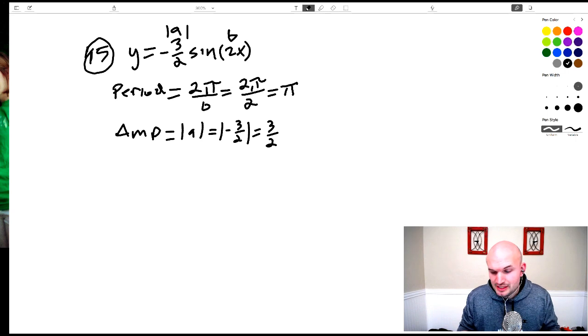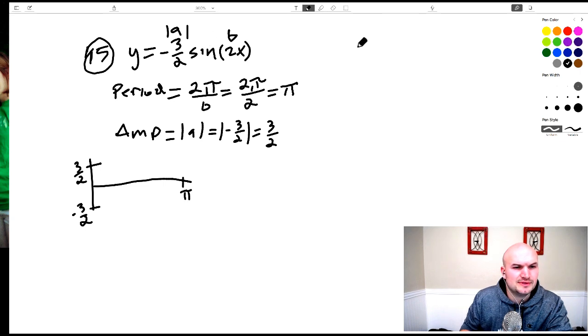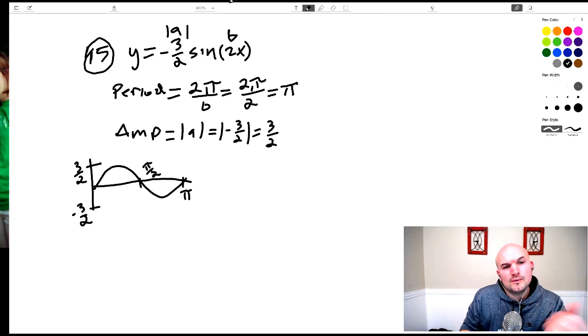The next thing is we're looking into the range. If we look at an initial period, because obviously we know this graph continues on and on forever, here's the graph, pi, and it's going to look something like that. It's going to cross at pi halves. If we're looking at the range, we can see that this graph is obviously bounded.